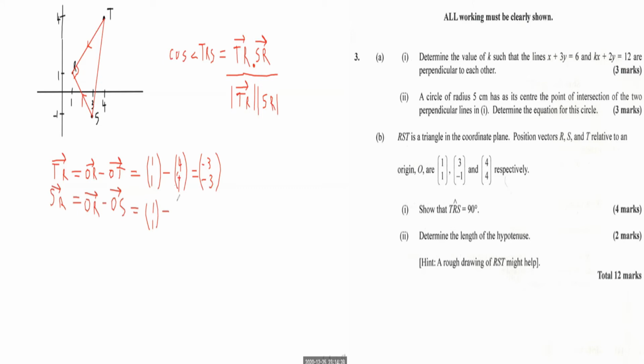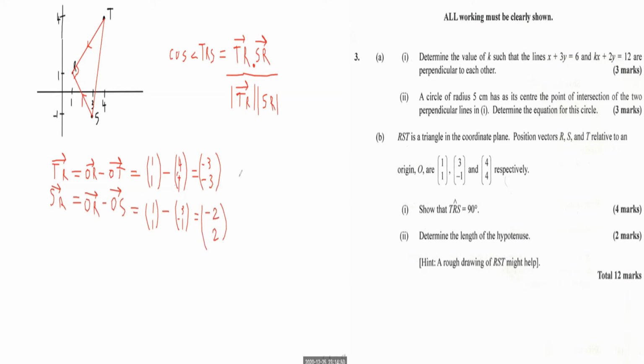Vector OS is (3, -1). Now 1 minus 3 is negative 2, and 1 minus negative 1 becomes plus, so that's (-2, 2).